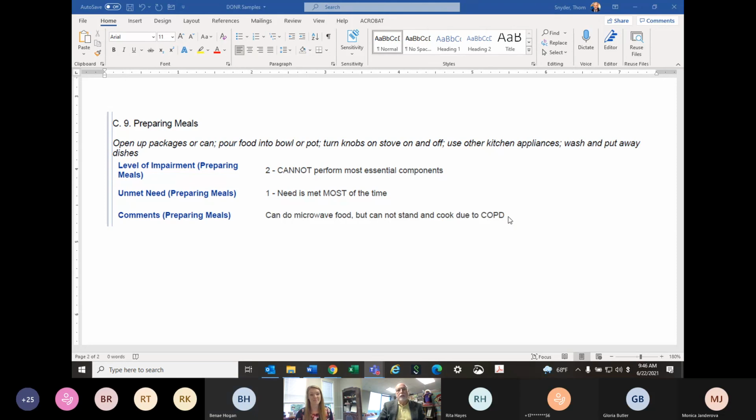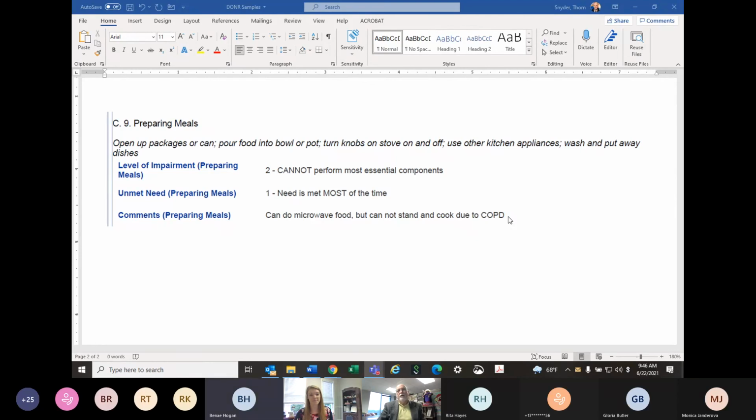You've got to be real careful here, because it's not necessarily a requirement that I stand up to prepare a meal. It may make it easier, but there are plenty of adults with disabilities who have learned to do all kinds of things without standing up. So, just a caveat there.